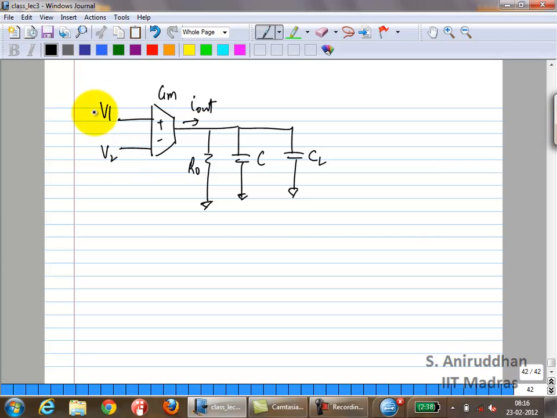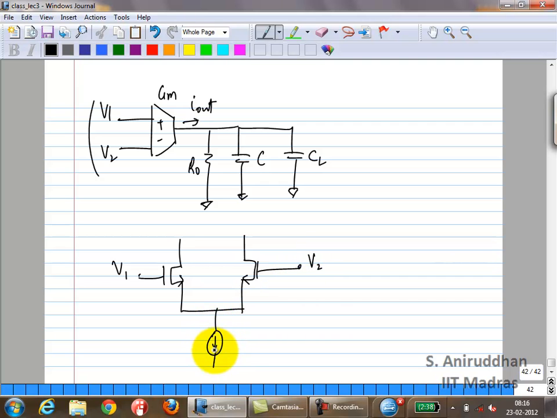So note that you have two inputs, V1 and V2. Correct? So you definitely need two inputs, right? So the natural place to start would be a differential amplifier. Let's call this I0.